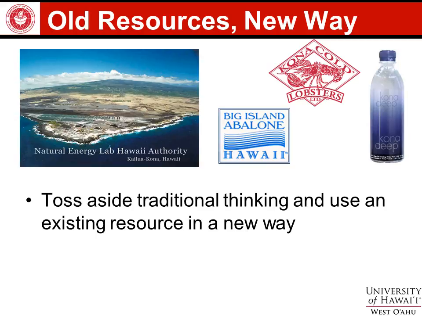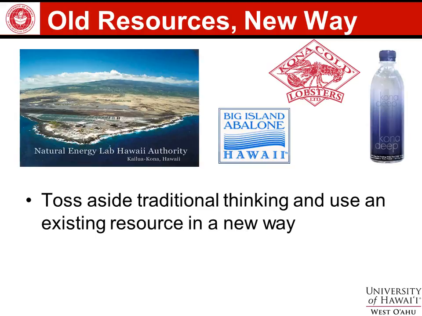As crazy as it sounds, bottled water is one of Hawaii's top exports. It's coming from that old resource, the cold water pumped up from the bottom of the ocean, but instead of using it in the way we traditionally think about using cold water to grow fish in, they're using the water itself. New way to use that resource.